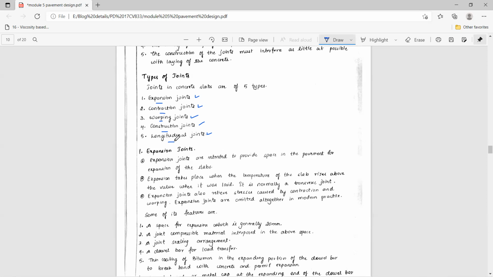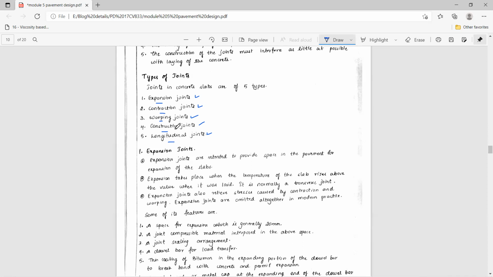Anyhow, warping joints we need to provide in order to counteract this stress. Even though it is not fully able to manage, a little part of the stress can be managed by providing the joints. That means we can reduce the stress created inside the concrete slab because of the temperature difference between top and bottom of the cement concrete pavement.